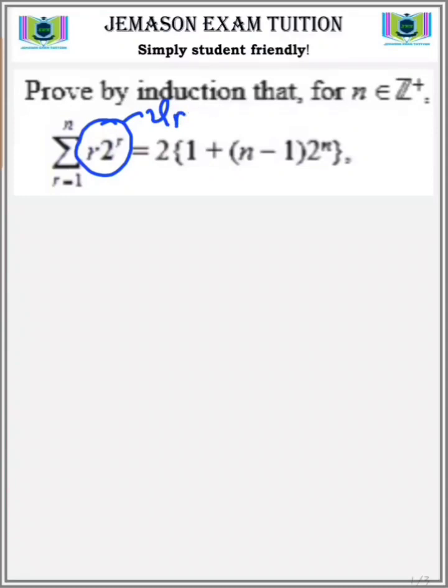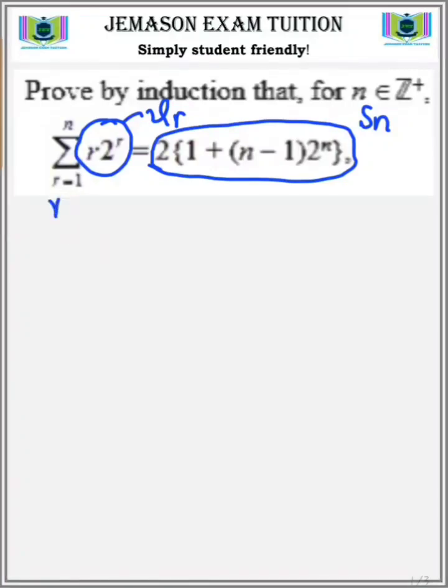We can call it u_r. It is the function that generates the terms of the series, whereas the function on the right hand side, which is usually a function of n, is the function that generates the sum of the first n terms of the series. It is important to get that interpretation before you go into the proof.